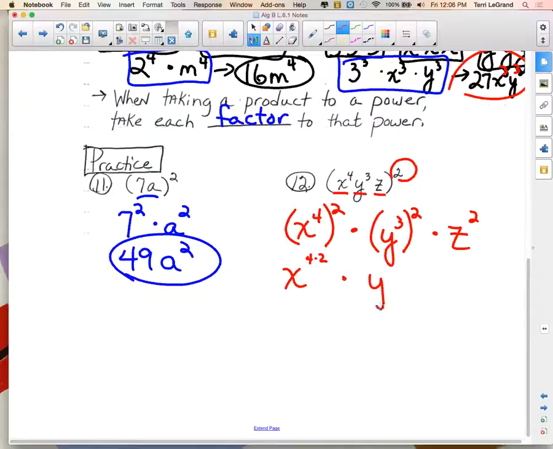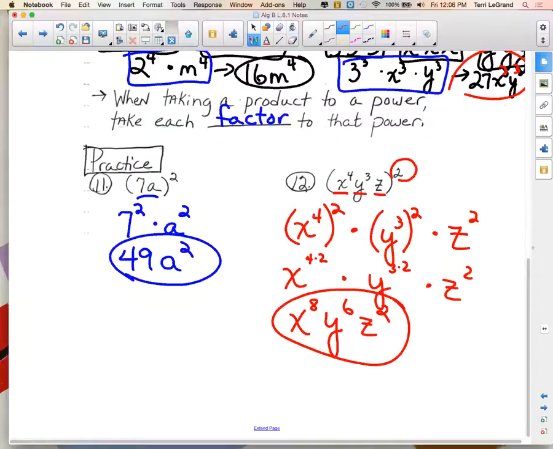That's another power to a power, isn't it? 3 times 2. And then our z squared is just going to stay z squared. So what do we end up with? x to the 8th power, y to the 6th power, z to the 2nd power.